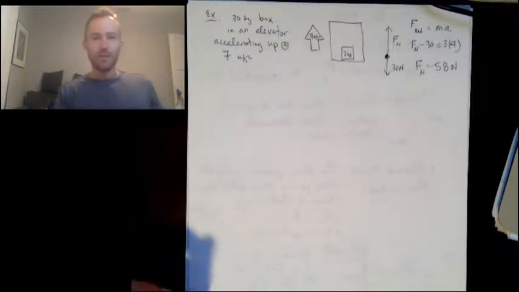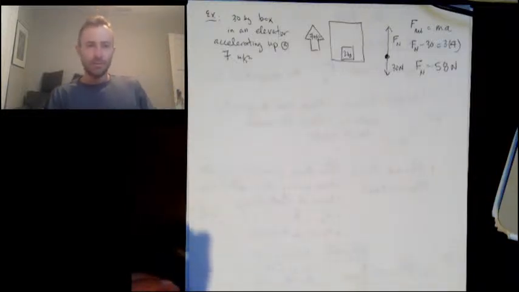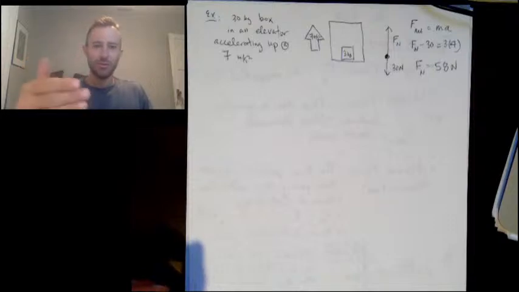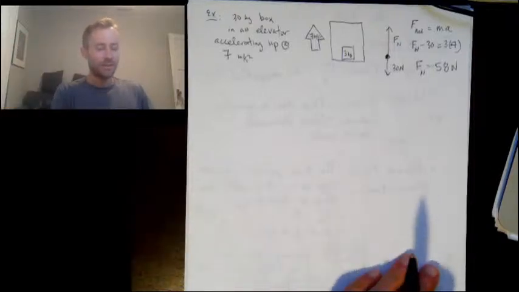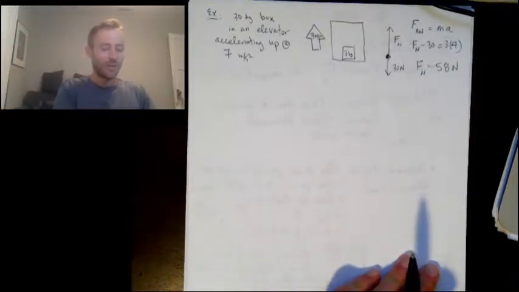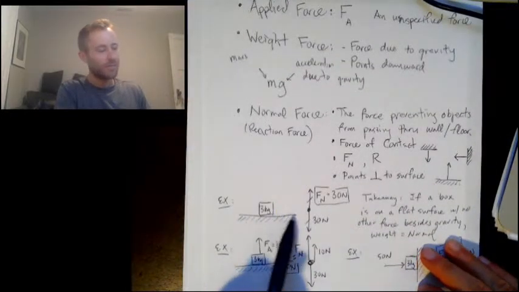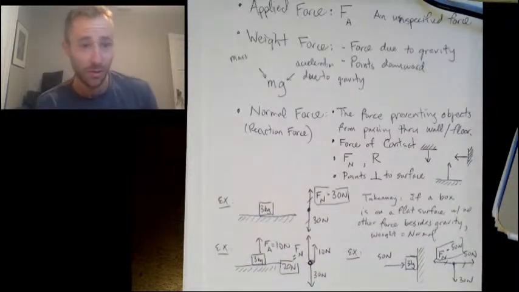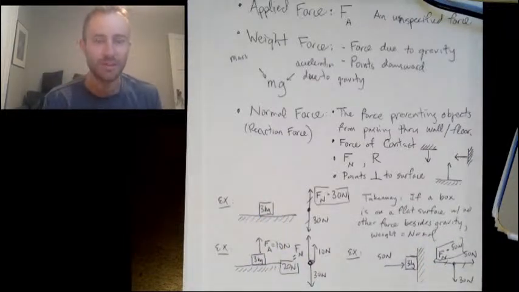The only time you can use a scale and have it truly read your weight is if you have something like a box that is on a flat surface that is not accelerating. So in order to use a scale properly, you need to stand on the scale and be at rest on a flat surface.